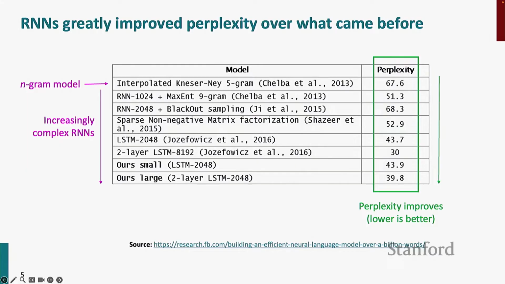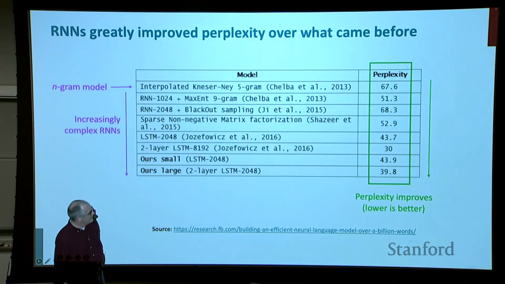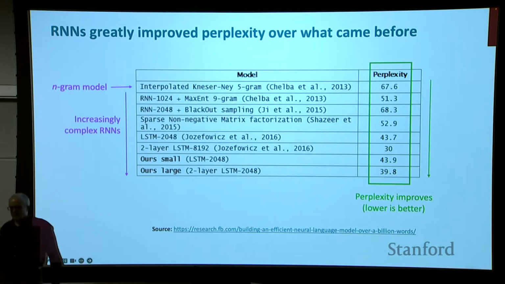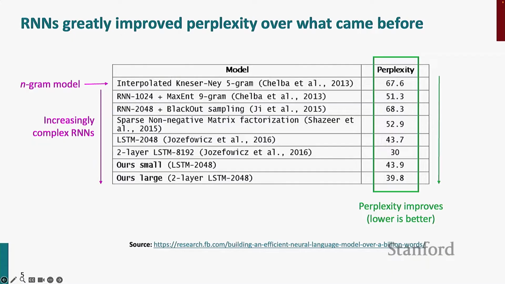So here are some LSTM models, and now you're getting numbers like 43 and 30, and for 30 you've sort of halved the perplexity, which in cross-entropy terms means you've reduced the cross-entropy by about 1 bit. And so you've made real progress in your language modeling.